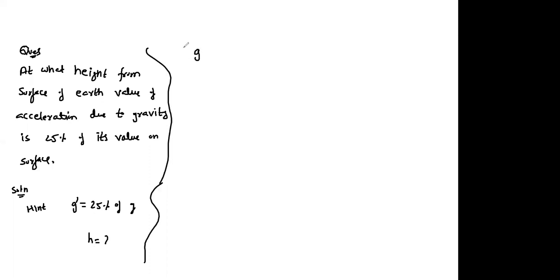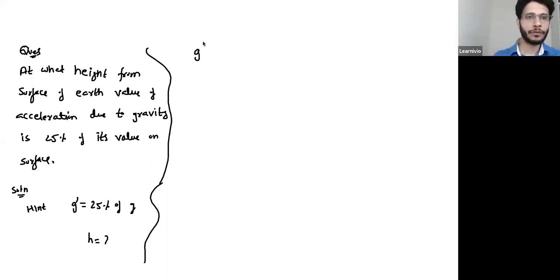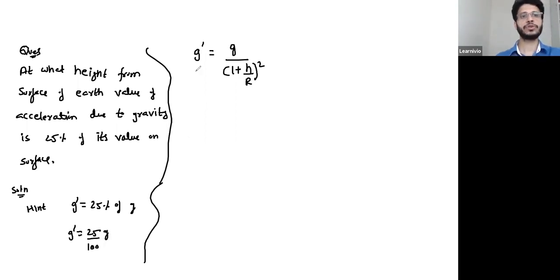See, with height, the variation in acceleration due to gravity is this. G prime is G over (1 plus H by R) whole square. So G prime is 25% of G. So you can write this as G prime is 25 over 100 into G. So instead of this G prime, you can substitute this thing.